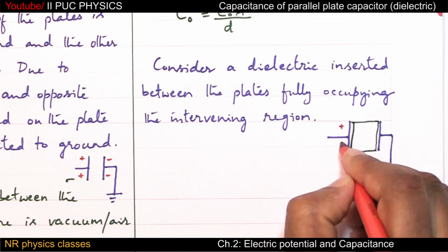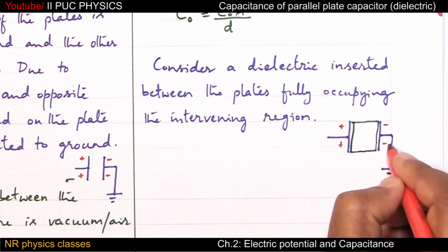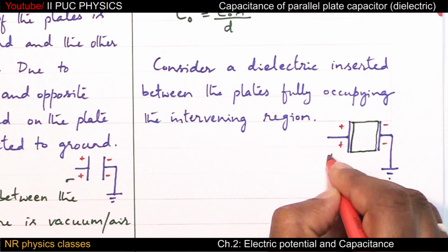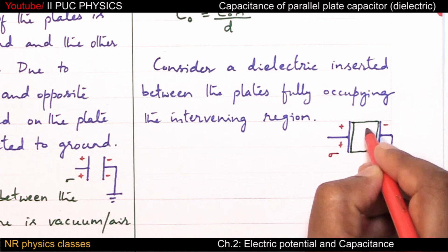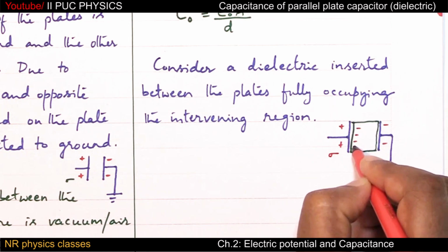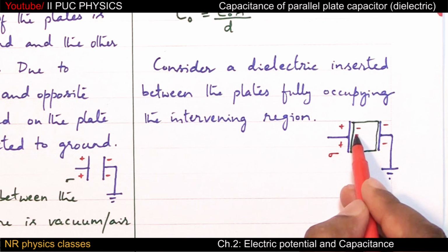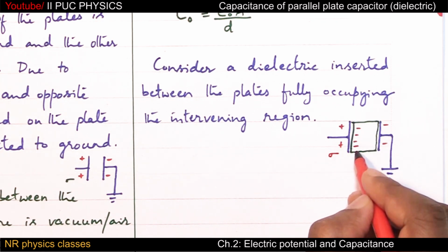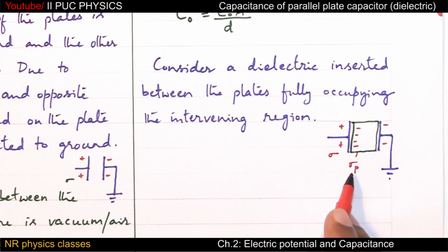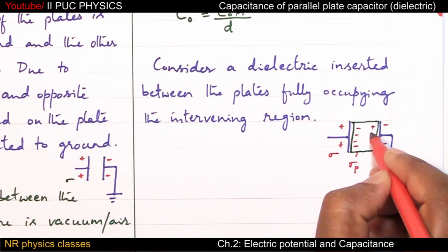If charge is given to one plate, equal and opposite charge is induced. Corresponding charge density is sigma, and molecules are polarized, which give rise to some charge on that face which is closer to positive, and that charge density is sigma p, polarized charge density. And this side plus.